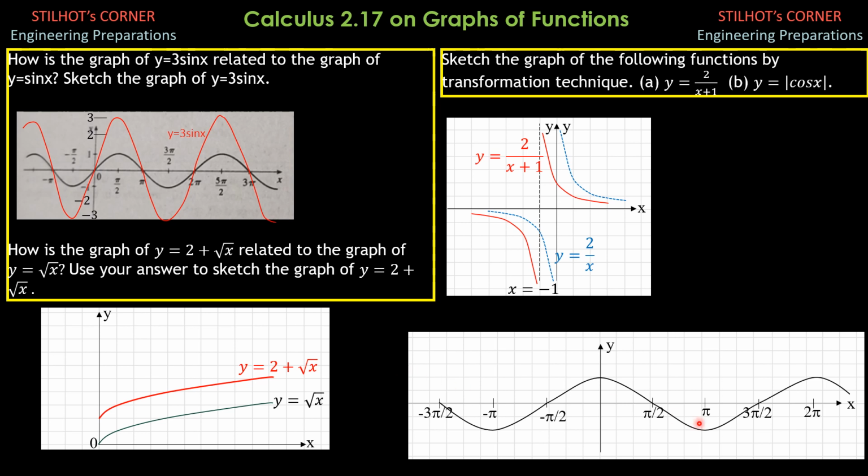So absolute value, meaning to say all these negative values of the portion of the graph of y equals cosine x would now be positive because we have absolute value of cosine x. So it will now look like as shown in the figure, those red lines. So don't mind about this part here, although it does not coincide with the graph of y equals cosine x.